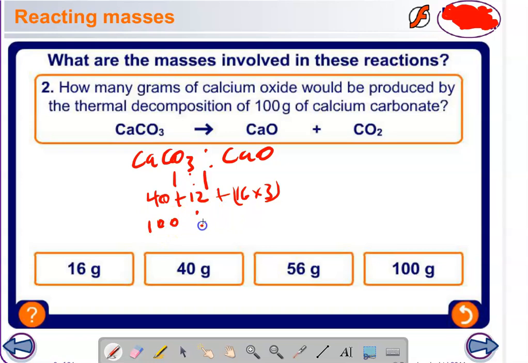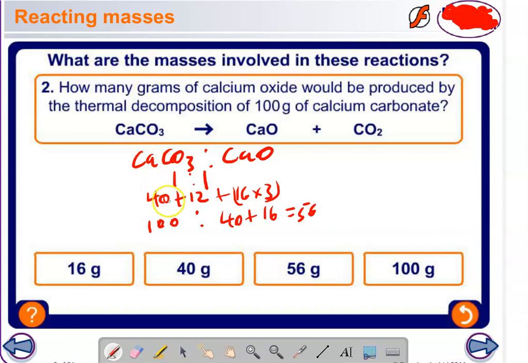Now, this is for calcium oxide. Calcium oxide is 40, add that to the relative atomic mass of oxygen, which is 16, and that should give you 56. We've already done that previously. And so 100:56.